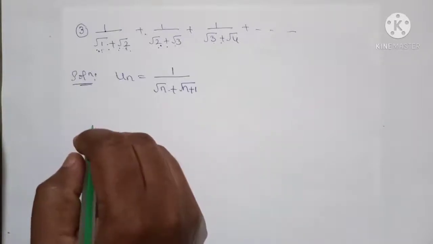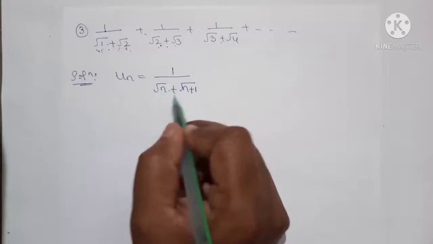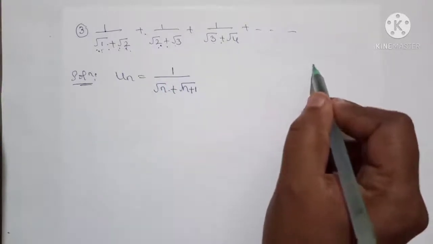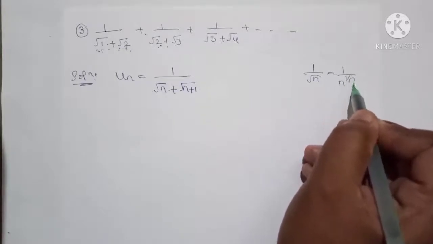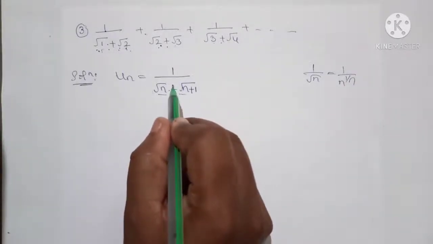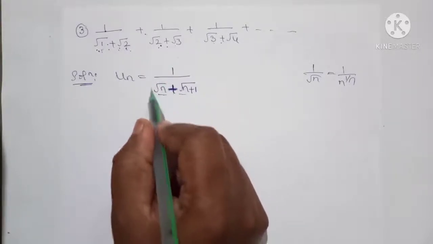So now we need to choose vn. You can observe that in the denominator the highest degree is root n. Root n means it is n power 1 by 2. Don't go for multiplication here, because we have a plus term, so the highest degree will be n power 1 by 2 only.